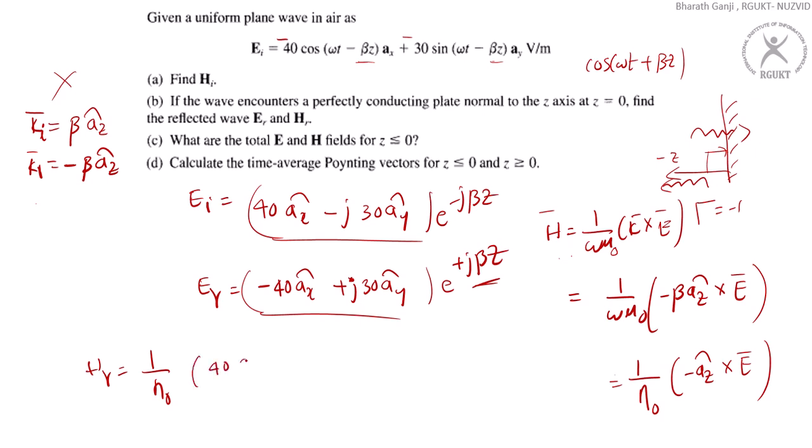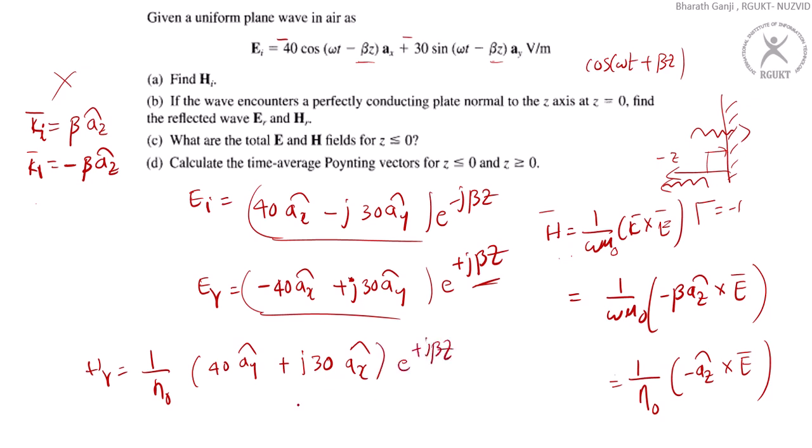So you get 40 times ay, and az cross ay: usually ay cross az gives you ax, but here it is az cross ay, which should give you minus ax, but there is already a minus sign, so it gives you a plus. So you get plus j times 30 into ax cap, and 2 e power plus j beta z.